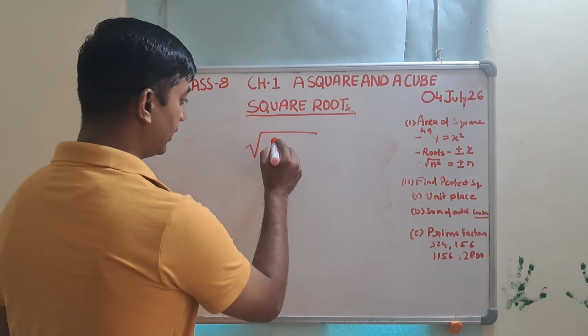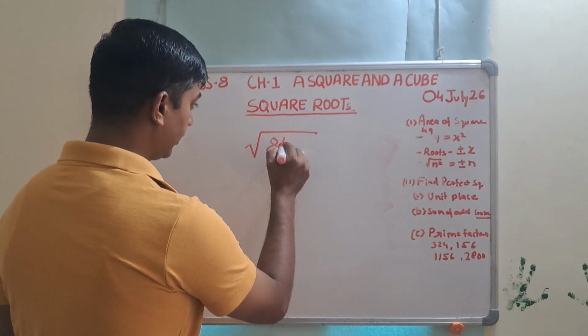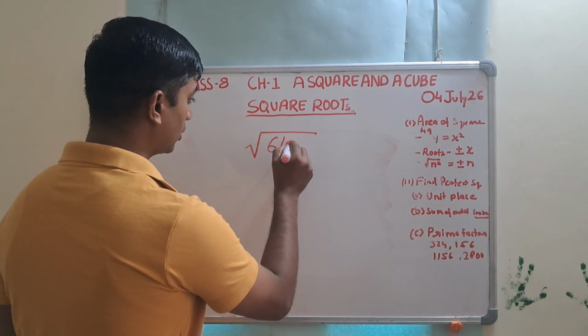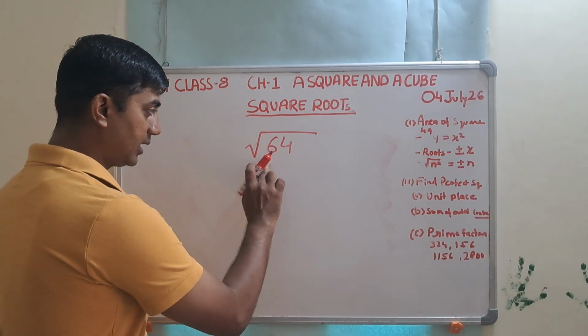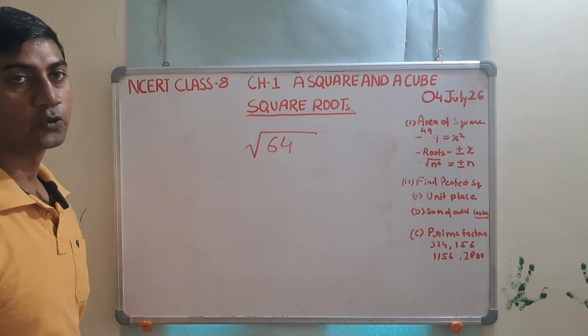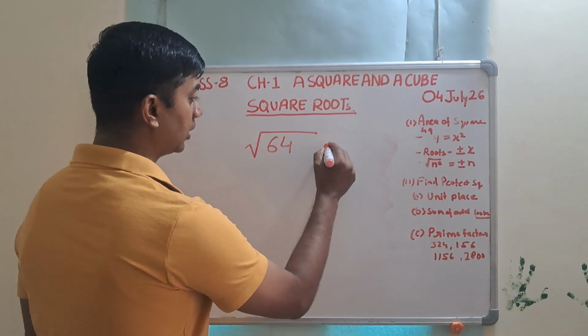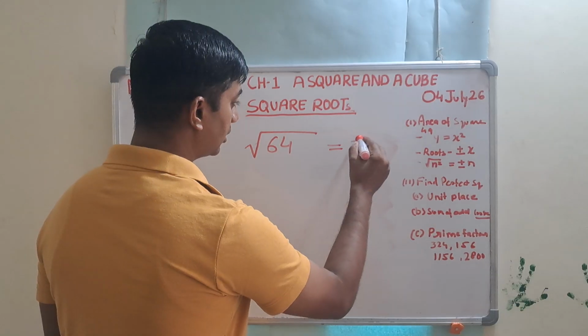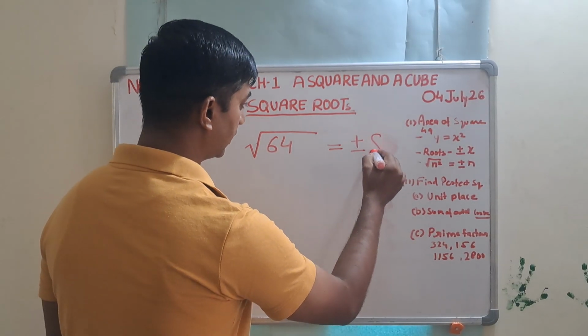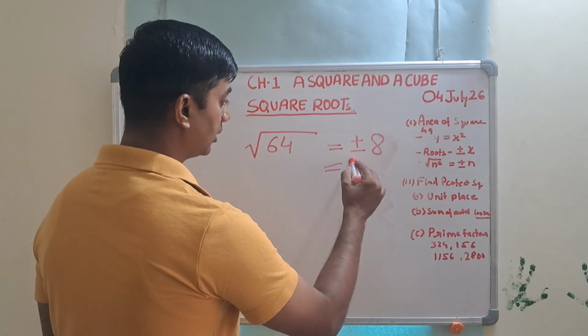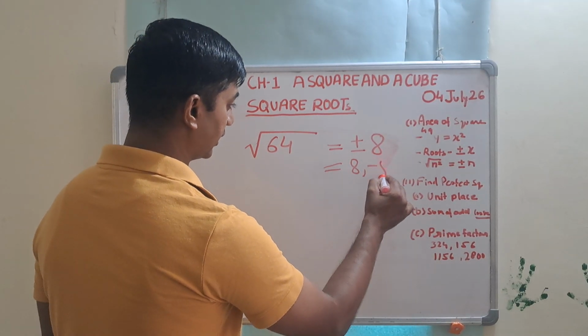Say if 64 is written here, it means you have to find the square root of 64, which will come as plus minus 8. Why have I written plus minus 8? Because it has 2 square roots, 8 and minus 8.